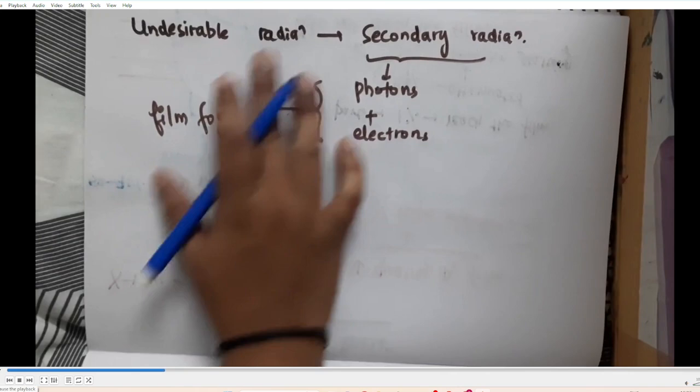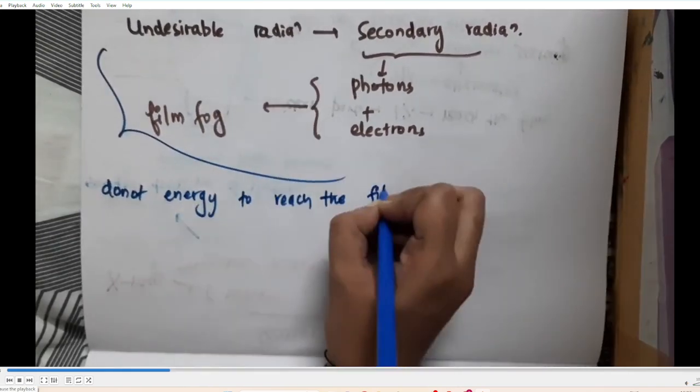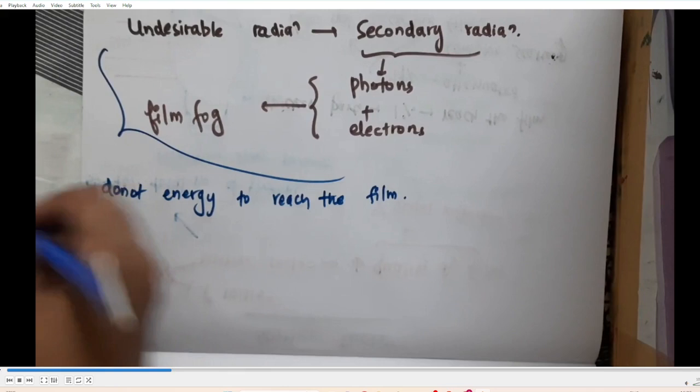In actual practice, none of the electrons have enough energy to reach the film, and the only characteristic radiation with sufficient energy to cause a problem occurs during contrast examinations like barium and iodine.